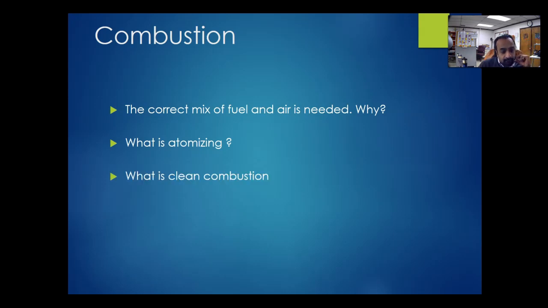What is clean combustion? We just said that. Clean combustion is when you burn the exact required amount of air with the required amount of fuel. So there is no excess air, not too much, not too little. What is the ignition point of fuel oil? We covered that last week, that it's a temperature, and it's 550 degrees Fahrenheit.